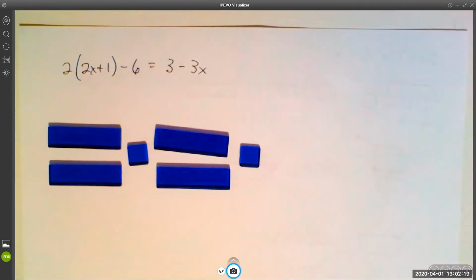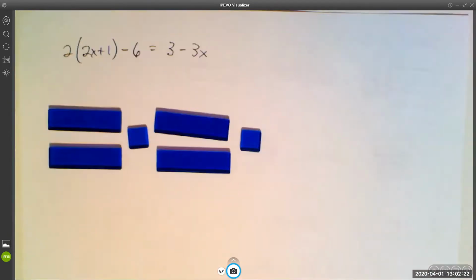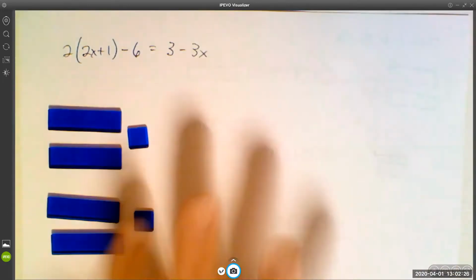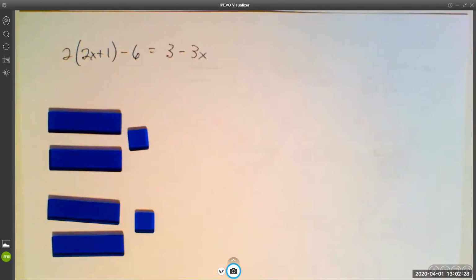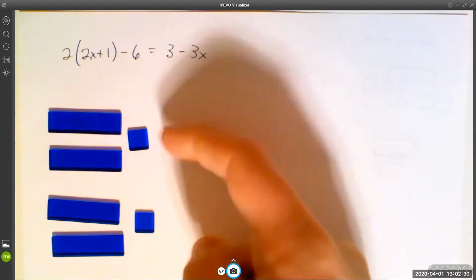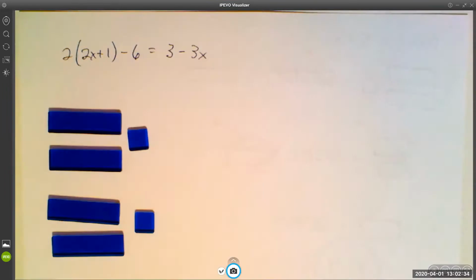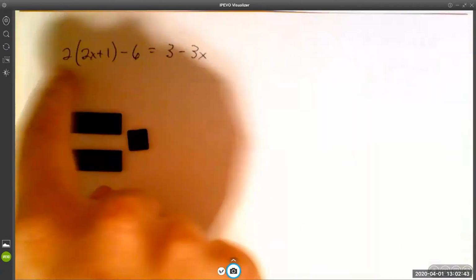So I've got 2 copies of the same thing. Or maybe an even nicer way to display that would be to say, there are my 2 copies of 2x plus 1. So here's 1 2x plus 1, here's 2 2x plus 1s. And so you don't even really need to think of 2. It's not necessary. You just put however many copies of this thing there are supposed to be.